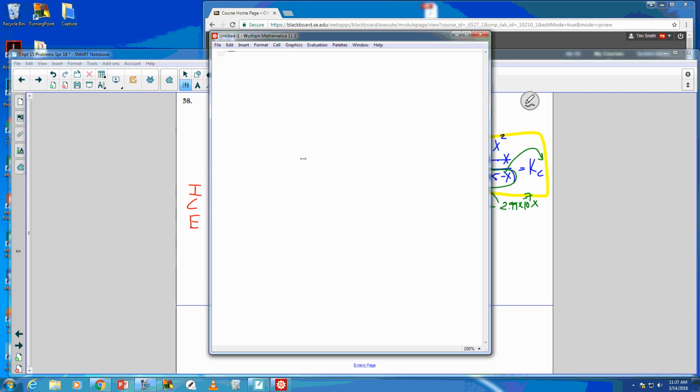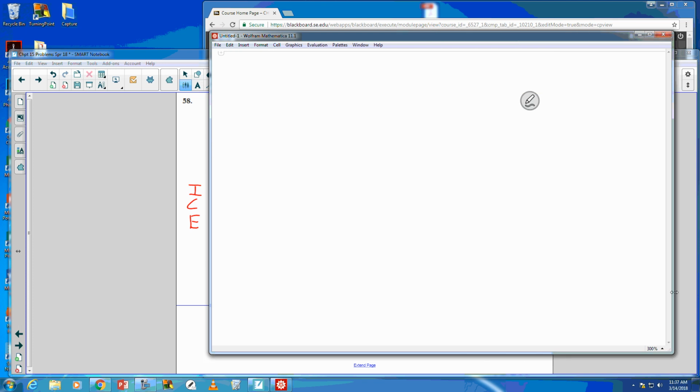It has a function called NSolve. NSolve lets you solve mathematical systems of equations.